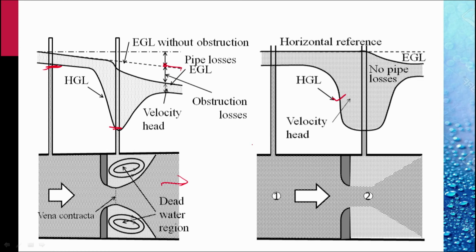The constant pressure in the upstream region, constant pressure at this portion, and then pressure increases as the fluid slows down. So we pick up these two pressures, pressure at 1 and pressure at 2. And then these two pressures are related to the velocity in the pipe.